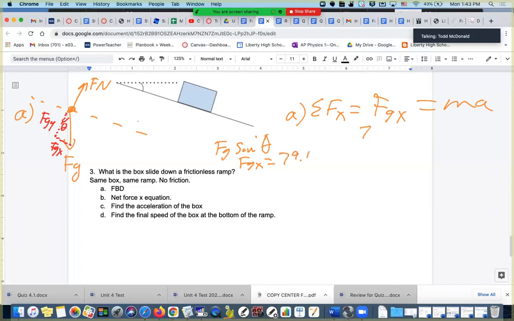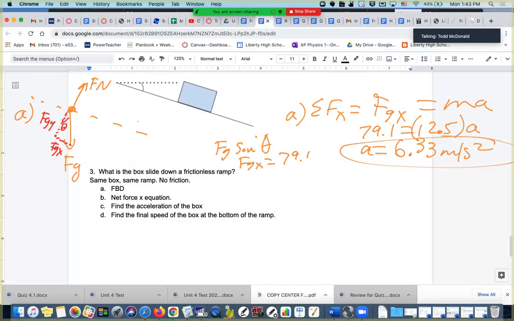So I'm going to plug that in there. 79.1 is equal to the mass of our box, which was 12.5, times our acceleration. So the difference here is, instead of subtracting friction from 79.1, we just have a net force of 79.1. We're going to divide it by 12.5, and that changes our acceleration significantly. Now we have an acceleration of 6.33 meters per second squared. Wow, that almost doubles our acceleration, right?